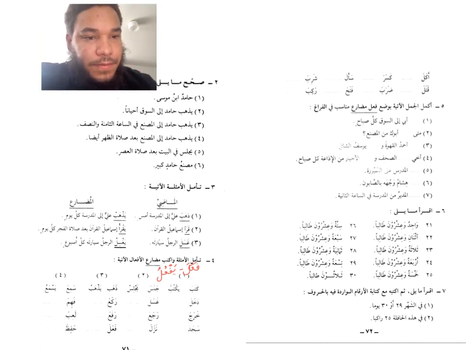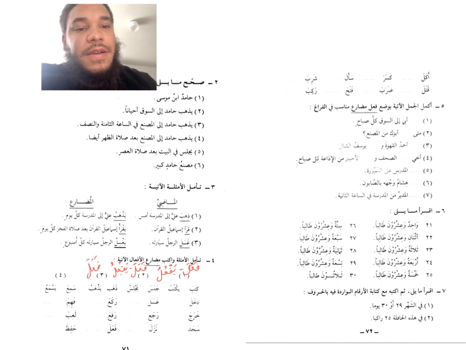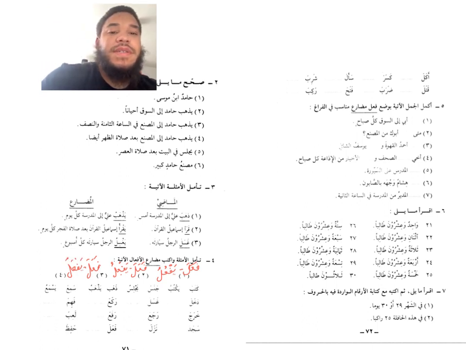Jalasa is fa'ala يفعل. ذهب يذهب is فعل يفعل, i.e. the ayn takes fatha in the present tense.